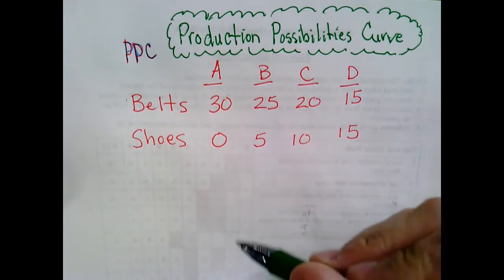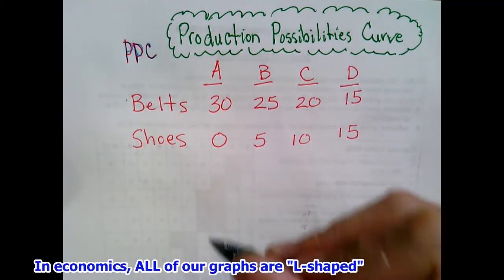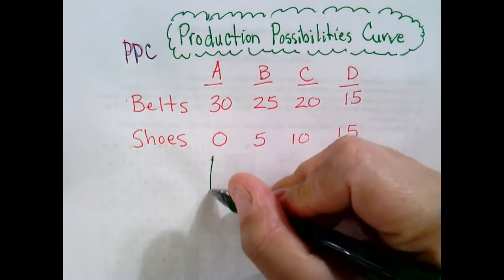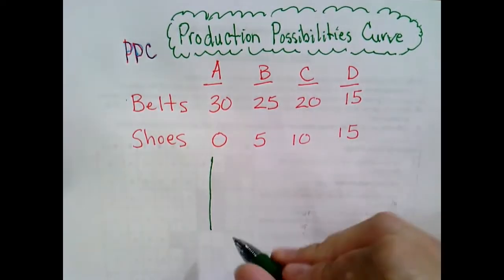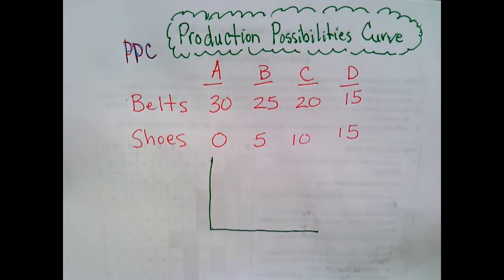All of our graphs are L-shaped in econ. So I have my L drawn, right? Now on either the y-axis or the x-axis, belts has to go on one of those.